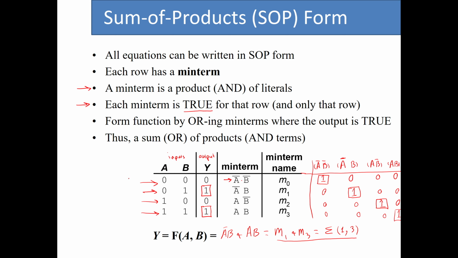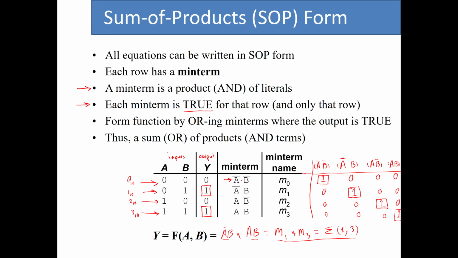Again, you see here, this is equivalent to 0, this is equivalent to 1, this is equivalent to 2, and this one is equivalent to 3. If you have all of them in order, in that case, using the minterm names makes sense. If they are not in order, it's always best to use the minterms themselves.